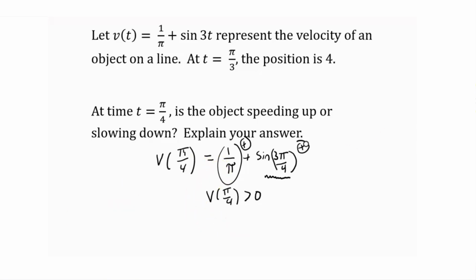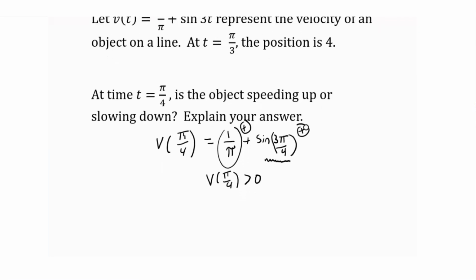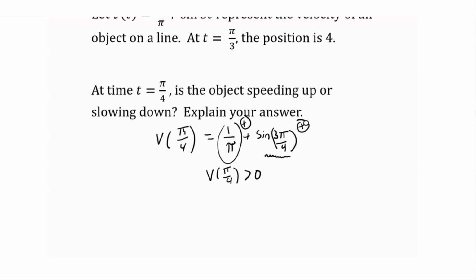Now we're going to do the same thing with acceleration. If we remember back from the first part, the acceleration function was equal to the derivative of velocity, and we got 3 cosine 3t. So we're going to check the acceleration at pi over 4.